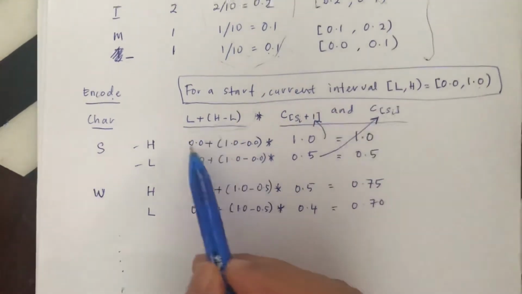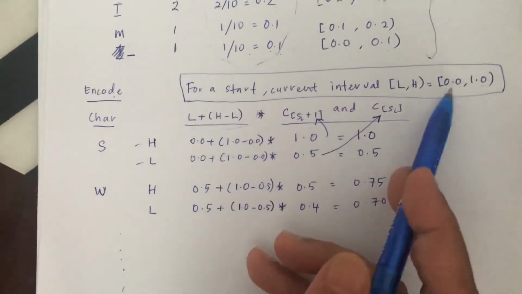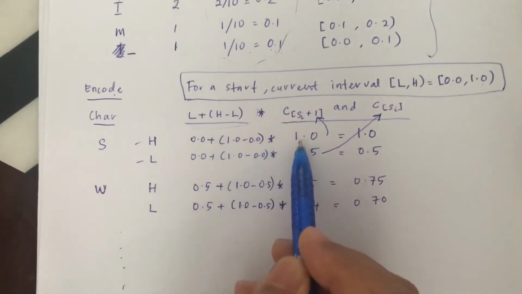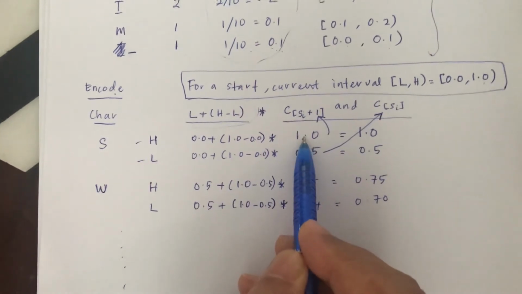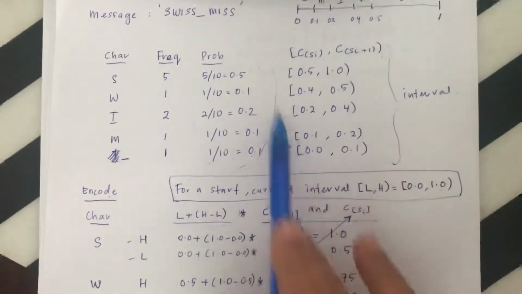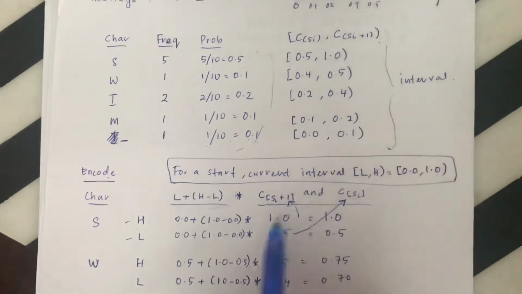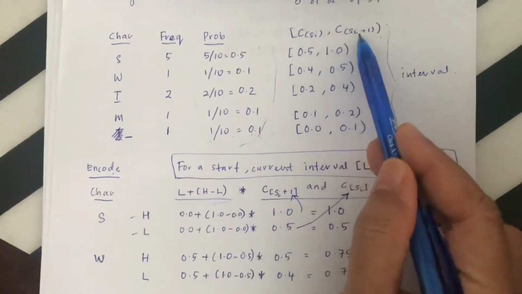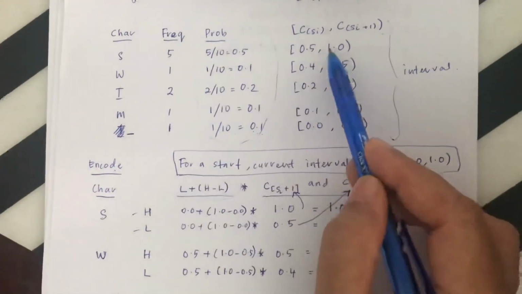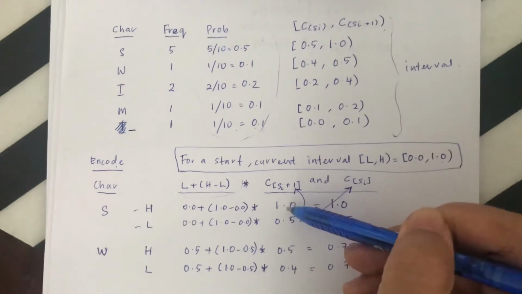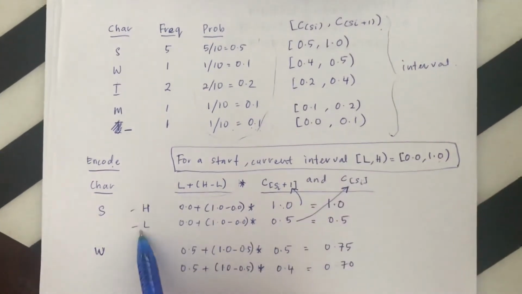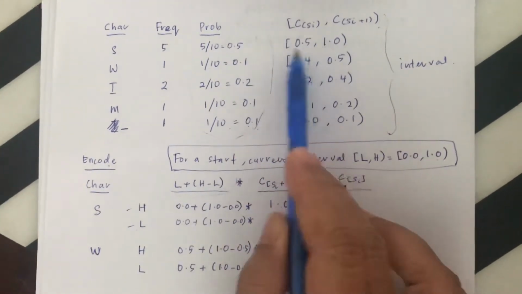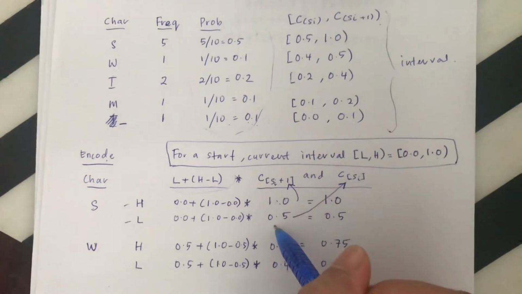Since you encode S, the CSI plus 1 for S is 1, and for the low, you take the CSI, which for S is 0.5.